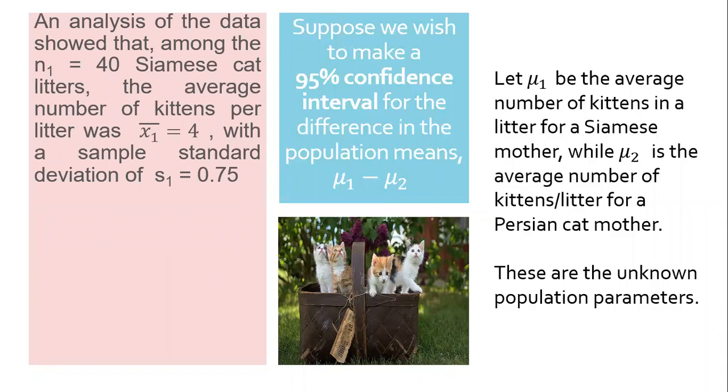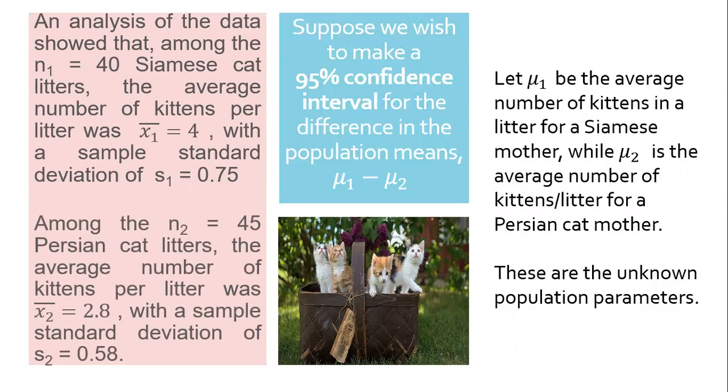And we had indicated before that there had been 40 Siamese cat litters that were studied, taken as a sample from the website data files. And suppose that it's discovered that among those n1 equal to 40 Siamese cat litters, there is a sample mean of 4 kittens per litter, with a sample standard deviation of s1 equal to 0.75 kittens.